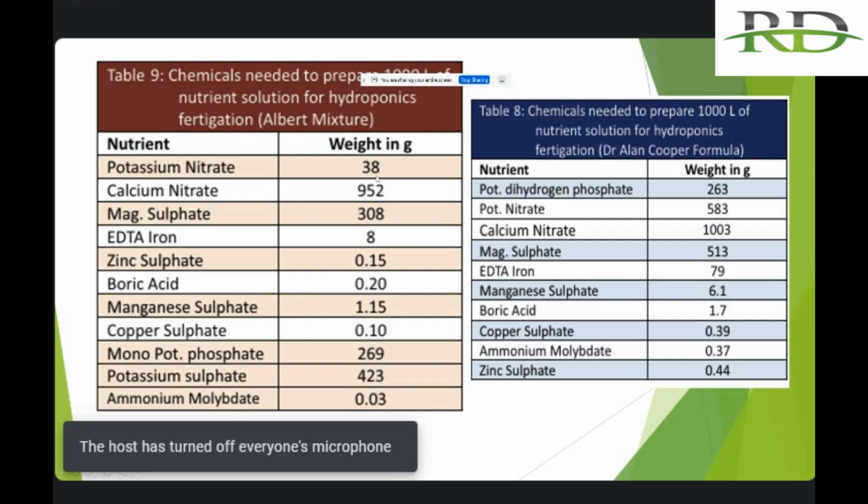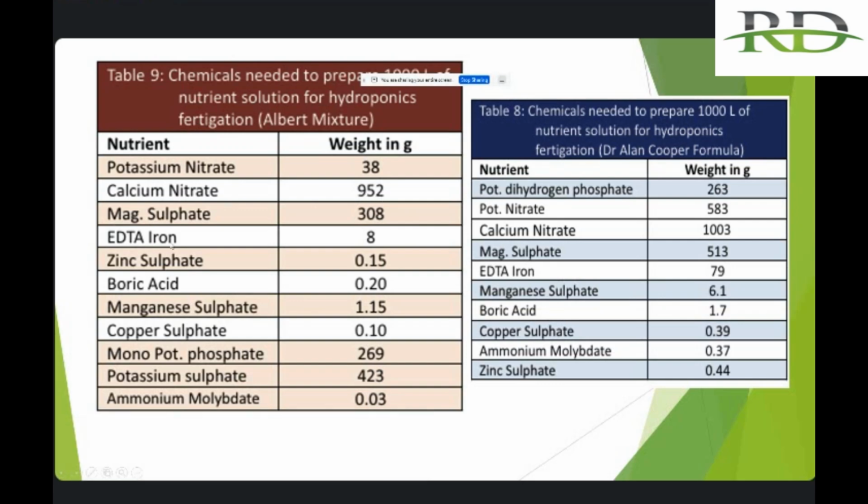We need 38 grams of potassium nitrate, 925 grams of calcium, 308 grams of magnesium sulfate, 8 grams of EDTA iron, and 0.15 grams of zinc sulfate, and all these we have to take in grams and then prepare in 1000 liters of nutrient solution.